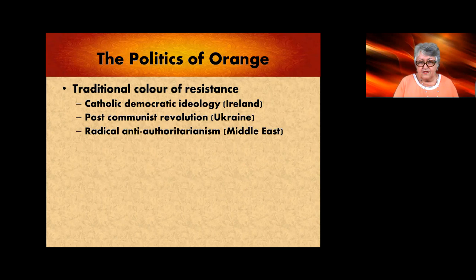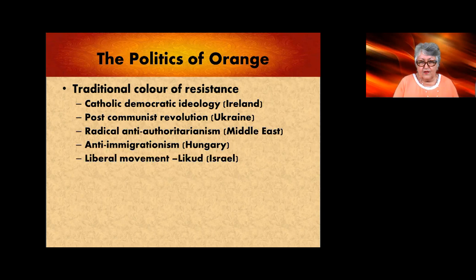Radical anti-authoritarianism in the Middle East uses orange, as does the anti-immigrationism of Hungary. The liberal movements in Israel, called the Likud, also has an affinity for orange, as does the humanism that influences Argentinian and Chilean politics.